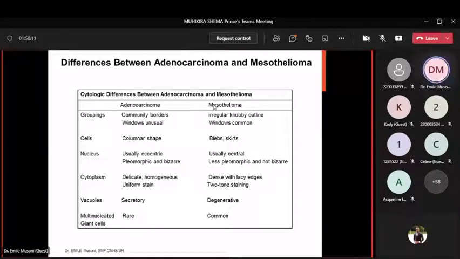In pleural fluid, you can differentiate a malignancy from an inflammation. And if it is tuberculosis, you can take 1 milliliter of fluid then send it to the lab.